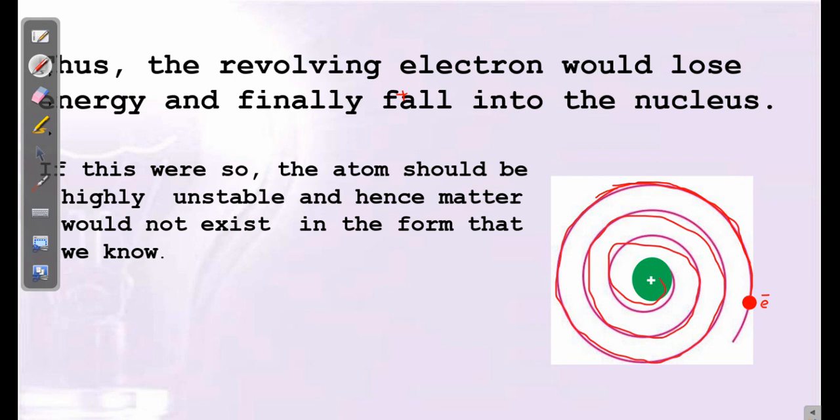But in fact this is not true. If an electron falls into the nucleus, then the atom would not exist. So this was the main defect found in Rutherford's atomic model.